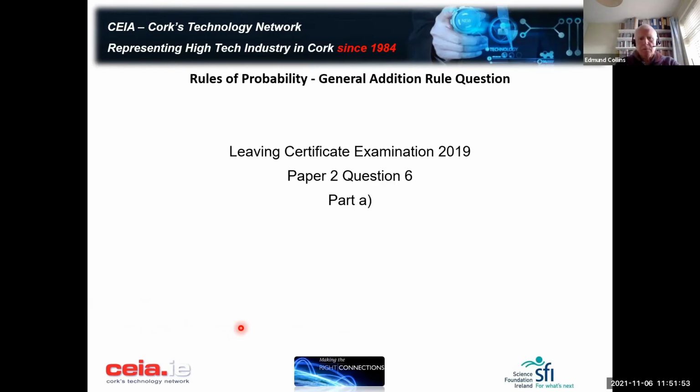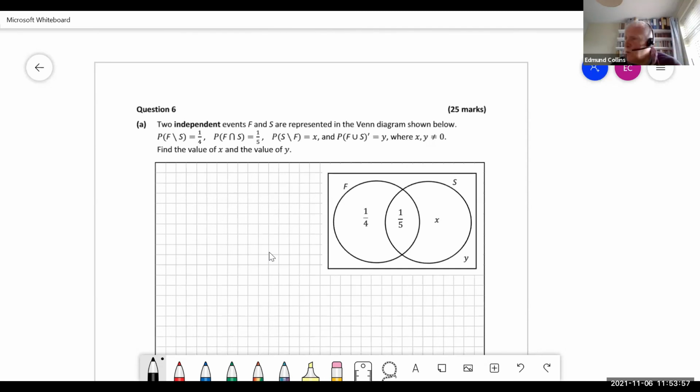So we'll have a look now at a question here. I'm just going to share another screen in order to do this. This is a fairly recent question, again from 2019, paper 2, question 6.